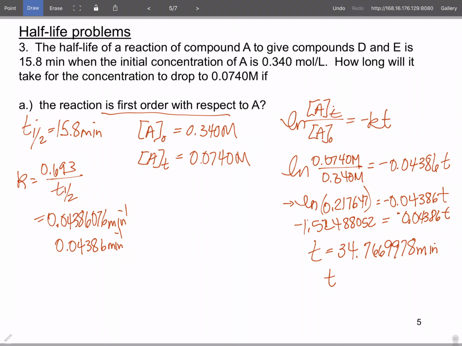Okay, so your time is equal to 38.77 minutes if we were doing 2 places after the decimal. So there's our time for the decay for first order.